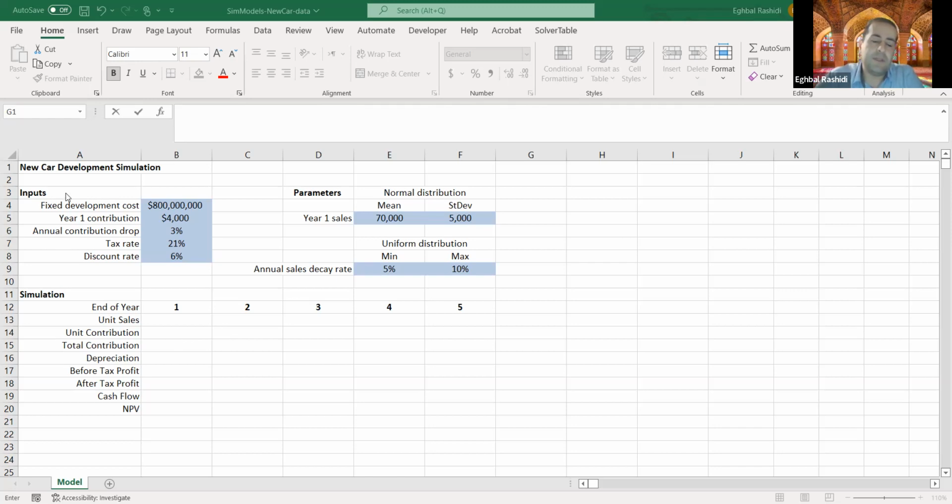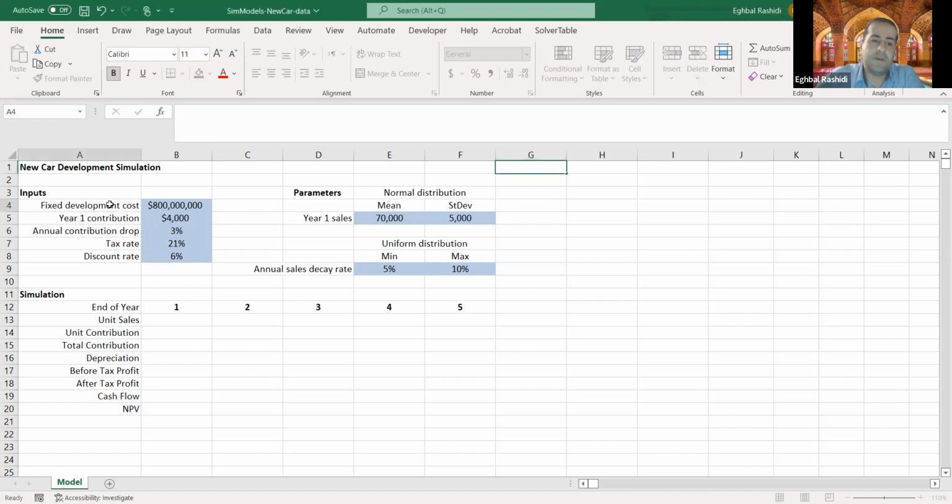So here you can see the input data. We have fixed development cost that is estimated to be $800 million for the car. The first year contribution or margin for the car is $4,000. So for the next 5 years, we need to compute that by knowing that it's going to drop by 3%. The tax rate is 21%, and the discount rate is 6%.